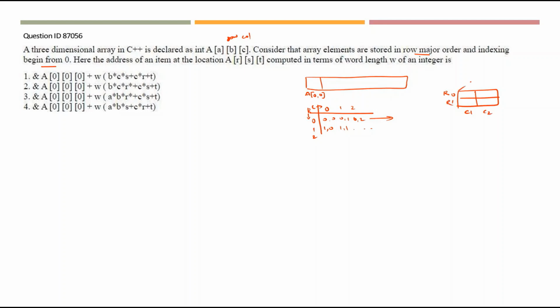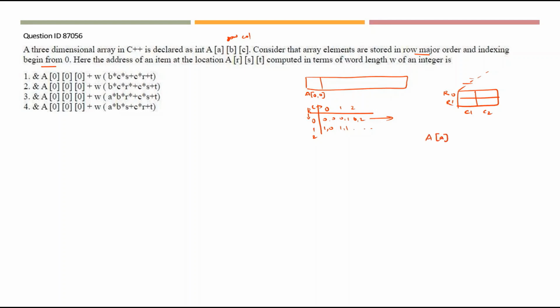Here there is another dimension. This will say to which block these rows and columns belong. We can term it as block, or we can say it is a set of 2D arrays. So this block will have a set of 2D arrays, and this block might have a set of 2D arrays.